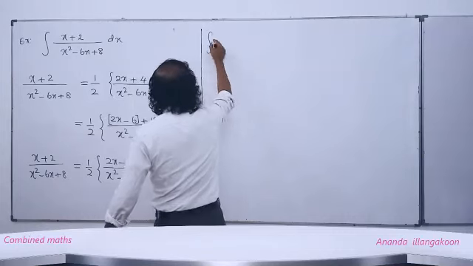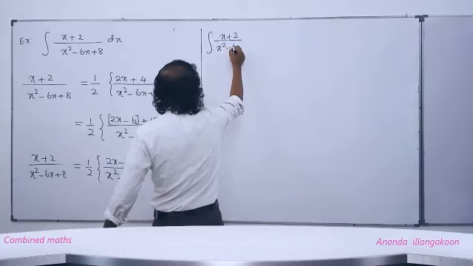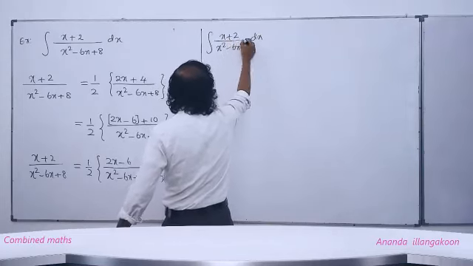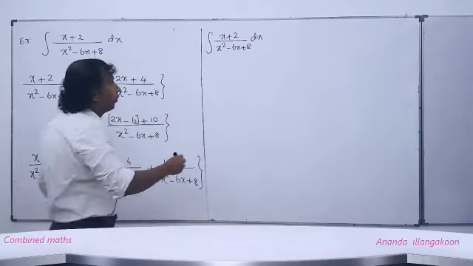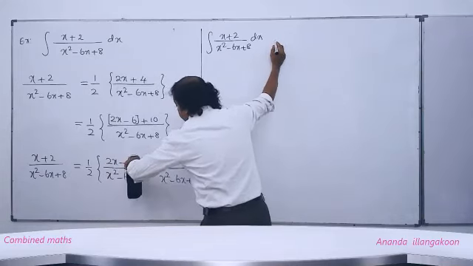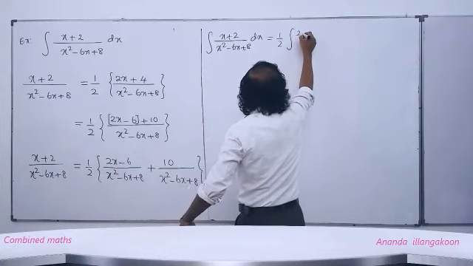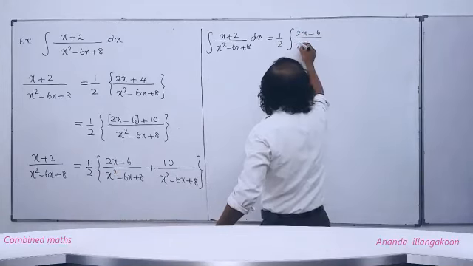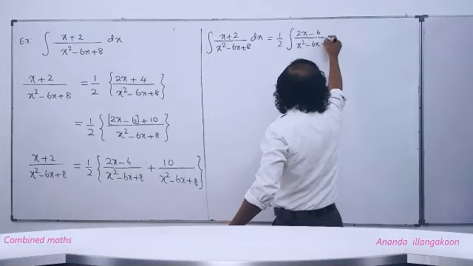Then we get the integral of x plus 2 divided by x squared minus 6x plus 8 dx. First, we take this 2 inside, but don't cancel it with this 6, because we need this 2x minus 6 there. We write half integration of 2x minus 6 divided by x squared minus 6x plus 8 dx.